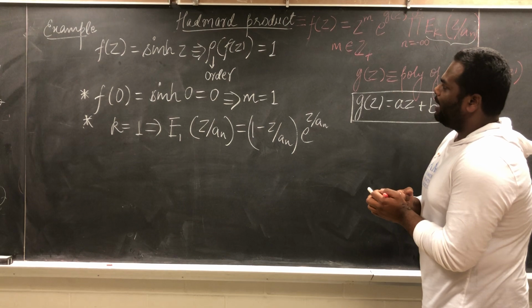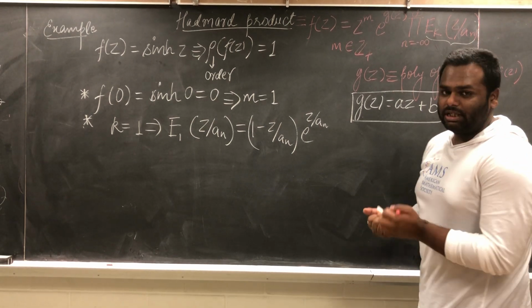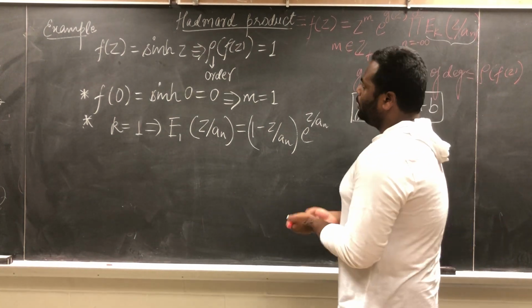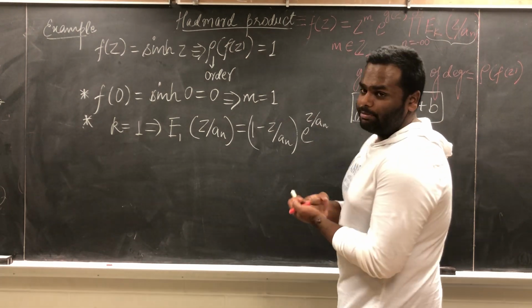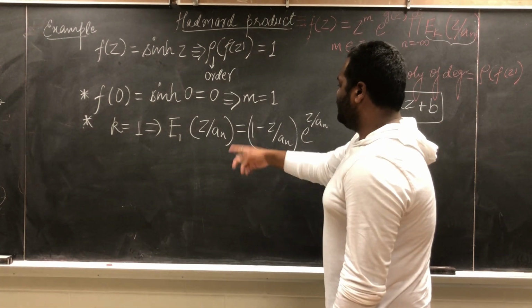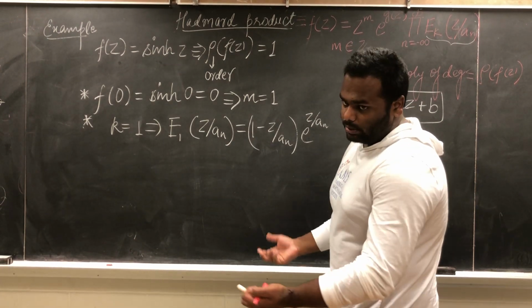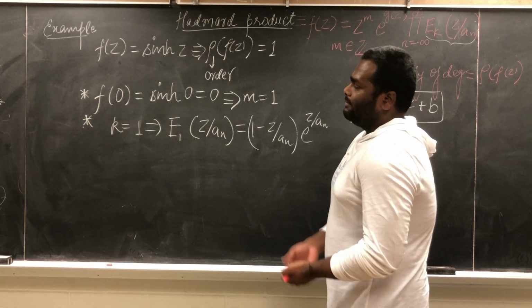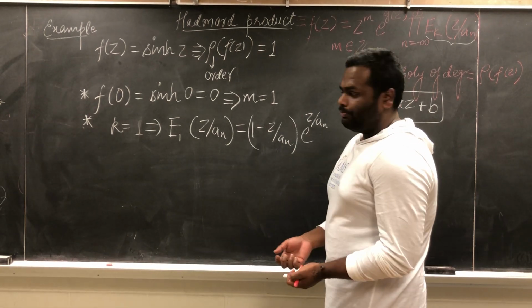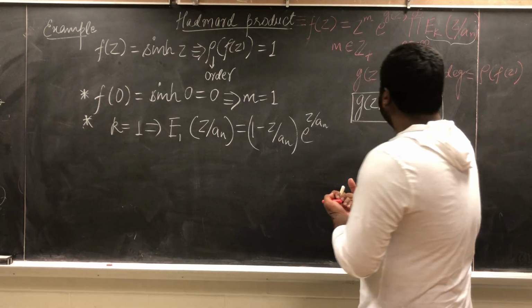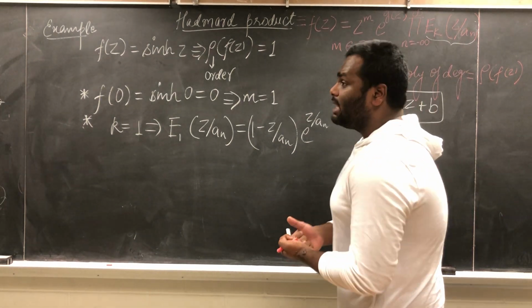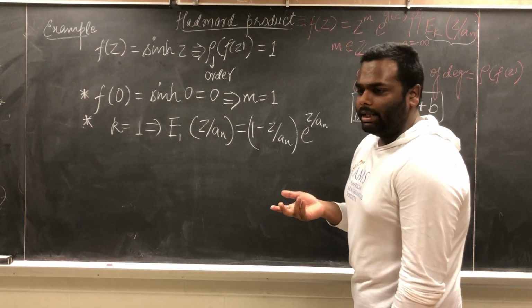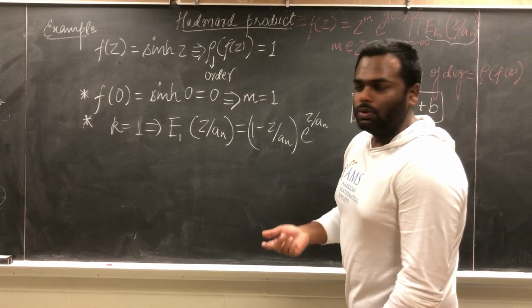Okay. Now, at this point we have all the essential information that we want for this Hadamard product. We have E1 because k is 1, the order is 1. We have the zero root, m is 1. The only thing that we don't have now is what the non-zero roots of that function are.